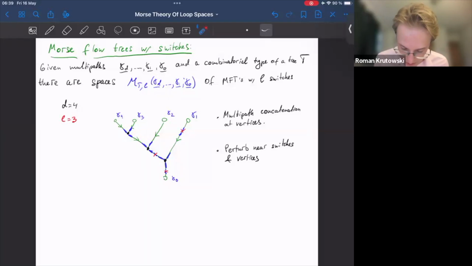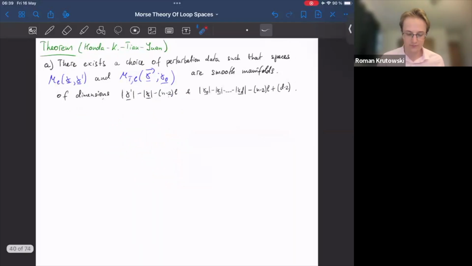And again, perturbations are introduced as before near vertices, but also near our switching markers. So the theorem that we prove is that, again, there exists some choice of perturbations like I described, which makes these spaces into smooth manifolds.